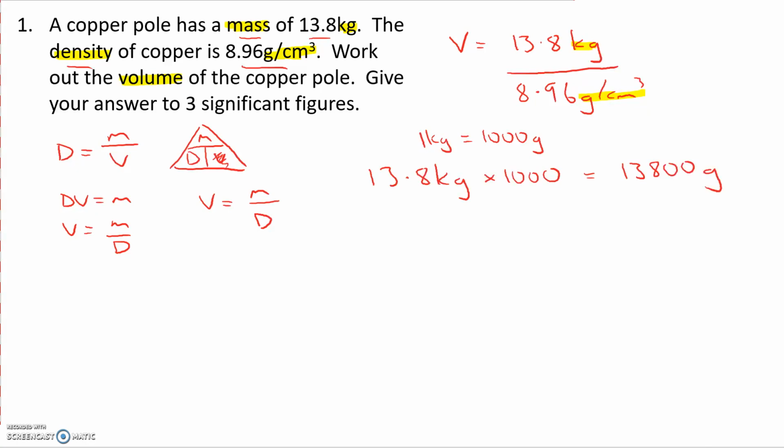So 13.8 kilograms is the same as 13,800 grams. Now we can try again. We want volume equals 13,800, that was grams, divided by 8.96 grams. We're good. Grams, all good. Grams per cubic centimetre.